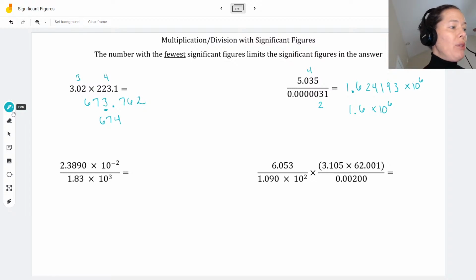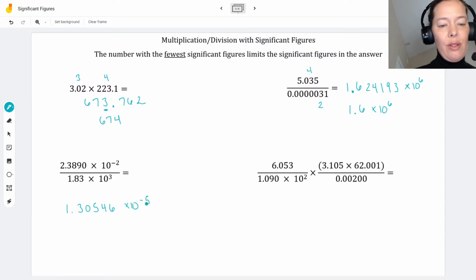So if I'm going to put these two numbers in my calculator, this is the long decimal I get out. And that's 10 to the negative fifth.